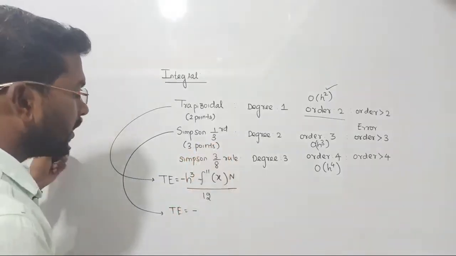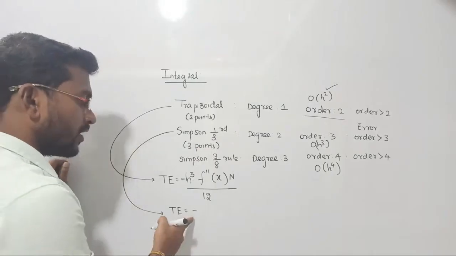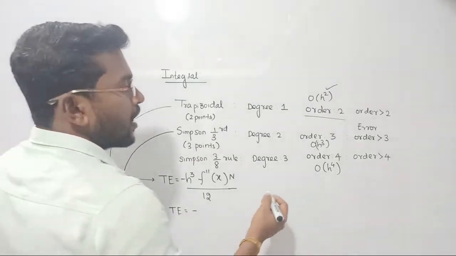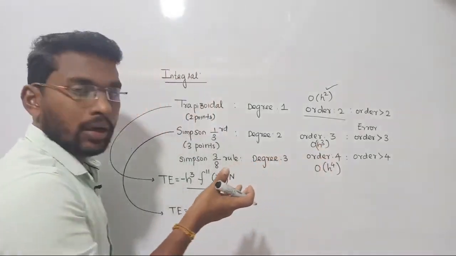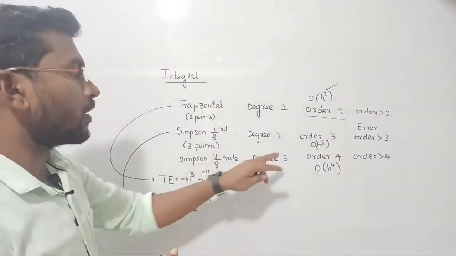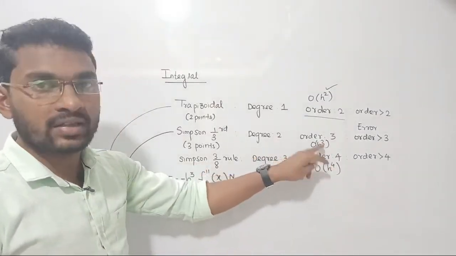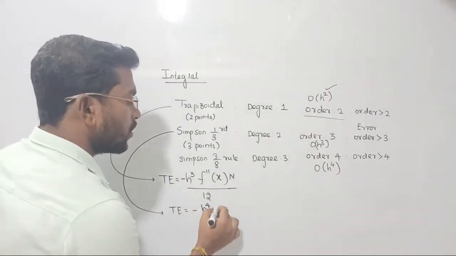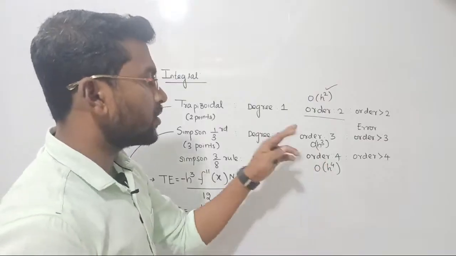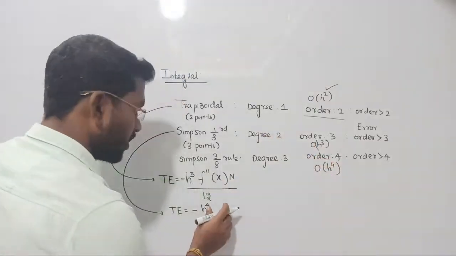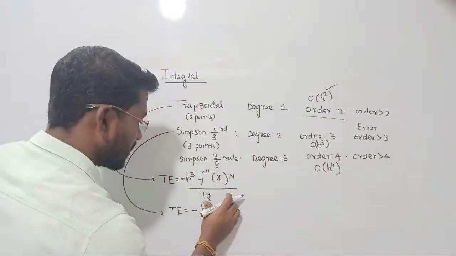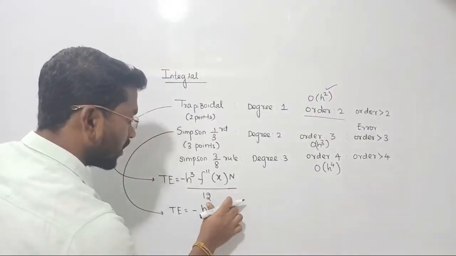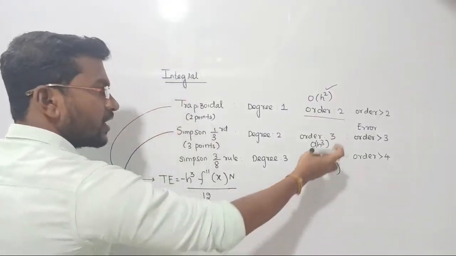For this one, its corresponding truncation error formula is going to be minus. See there, up to order 3 we don't have any issues here. If you don't have any issues, then we could not consider this one. We should raise the step size with order 4, and then you have to consider it. So the thing is, wait a minute, let me combine these two things here itself. We have to raise the step size up to greater than 4.